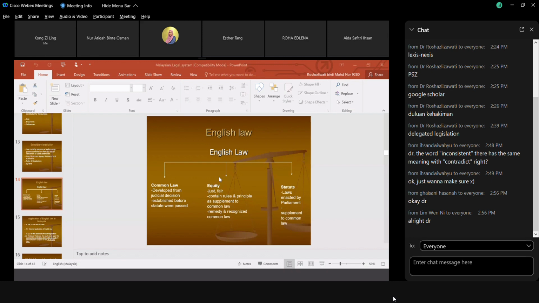So the first stage of English law is common law, starting from the Renaissance, pada masa kebangkitan Renaissance, pemodenan yang berlaku di UK. So common law wujud, develops from judicial decision, keputusan kehakiman. Apa yang diputuskan oleh hakim yang terdahulu akan diikuti oleh hakim yang terkini. What has been decided by the previous judge will be followed by the current judge who is sitting for that case today.